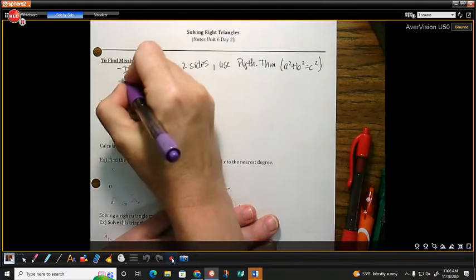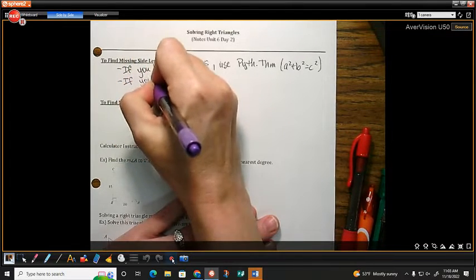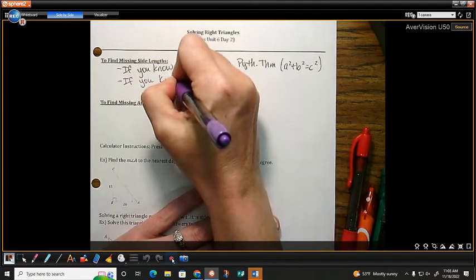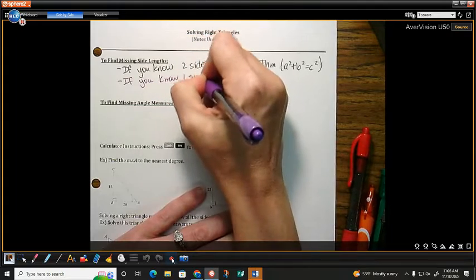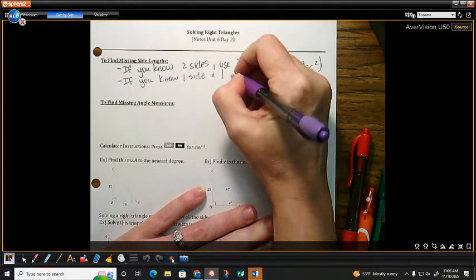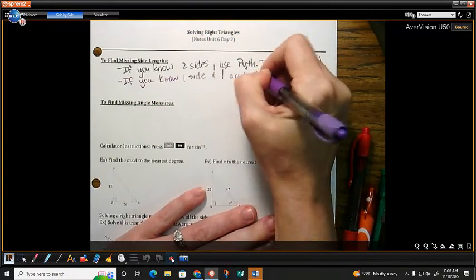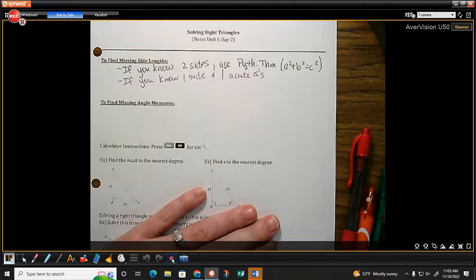Okay? Well, what if you only know one side and one of the acute angles? 30, 60, 90. Okay?